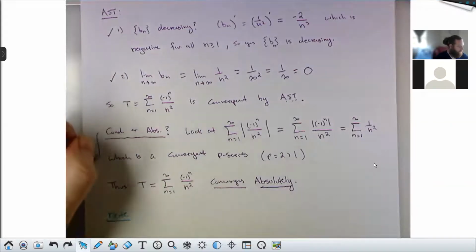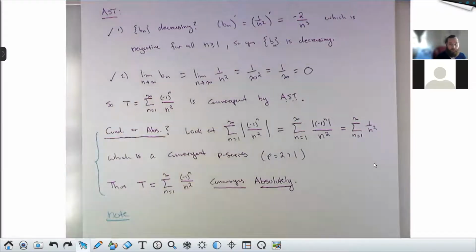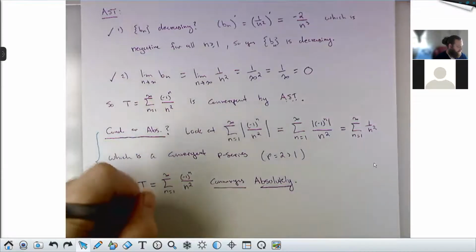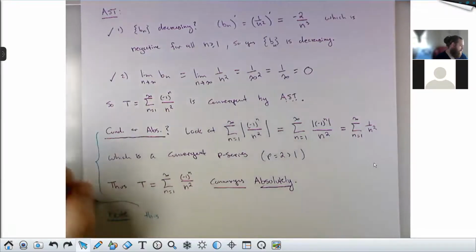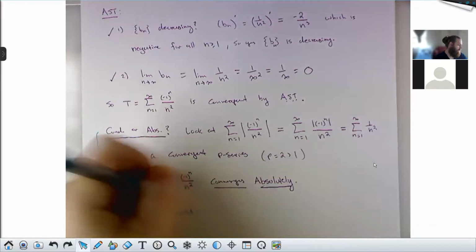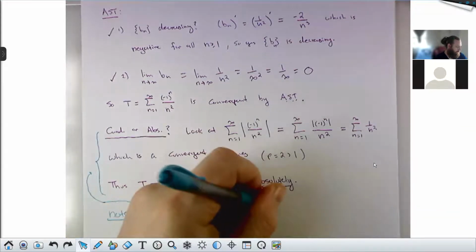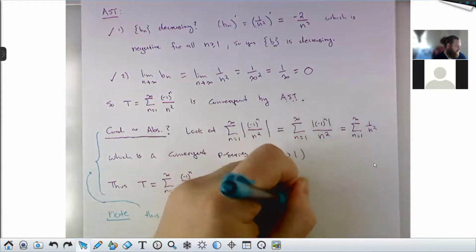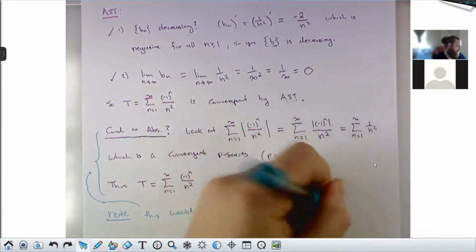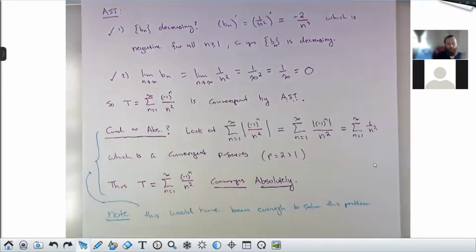You see, here we showed that the series, when you take absolute values, converges. Because we had a theorem that said, if you converge absolutely, then you converge.